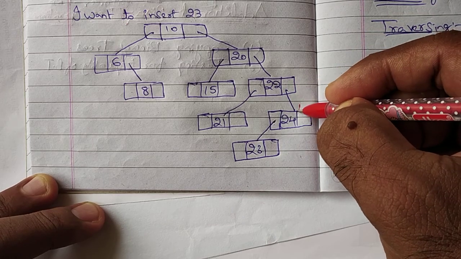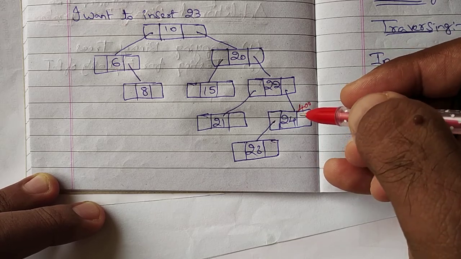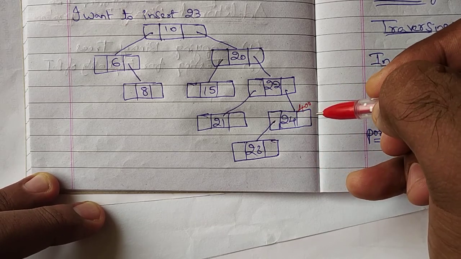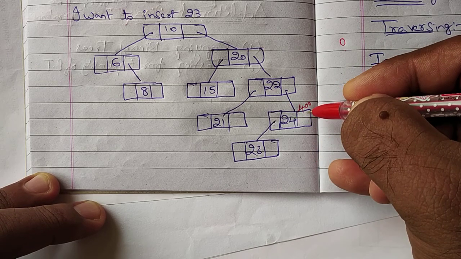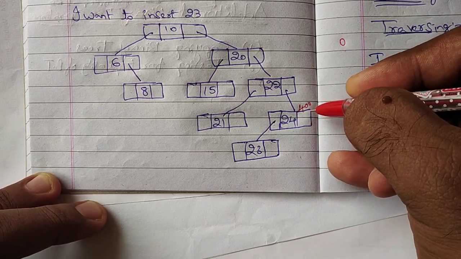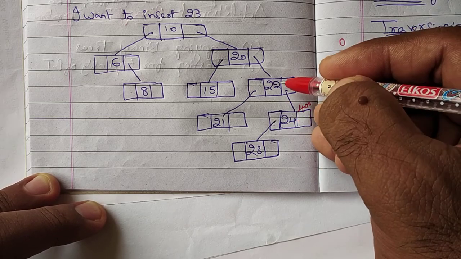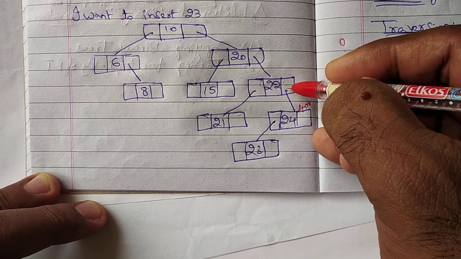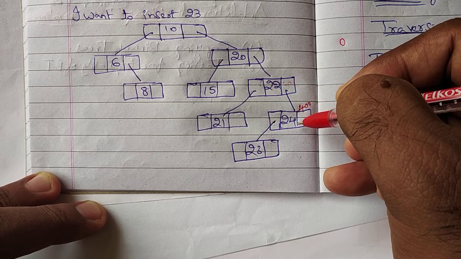Whenever we are deleting 24, suppose the address of 24 is 400. Assume the address of 24 is 400. Memory addresses start from 0 and so on, that's why we can mention addresses with any number. Previously here we placed 400, and then only it connects to 24.